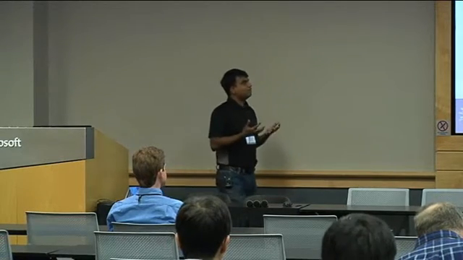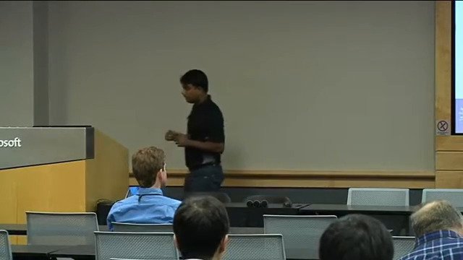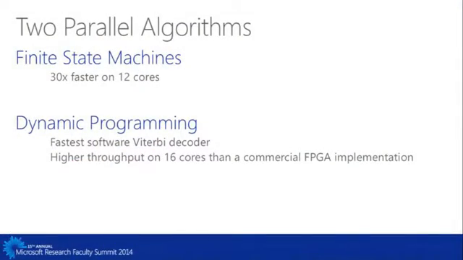And what we have done is looked at several instances of algorithms where we have taken this idea, stared at it, and came up with algorithms that could do both of them efficiently. So first we looked at finite state machines.